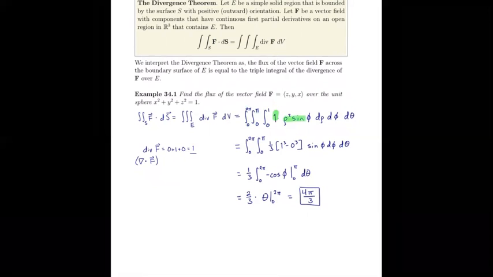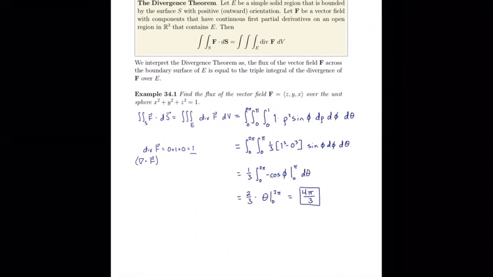So here's our divergence. This is the spherical integral formula component, rho squared sine of phi, and then d rho d phi d theta. And this is a straightforward integral. First is an antiderivative power rule, limits of integration applied. Next is the antiderivative of sine phi, given here, evaluated from 0 to pi.